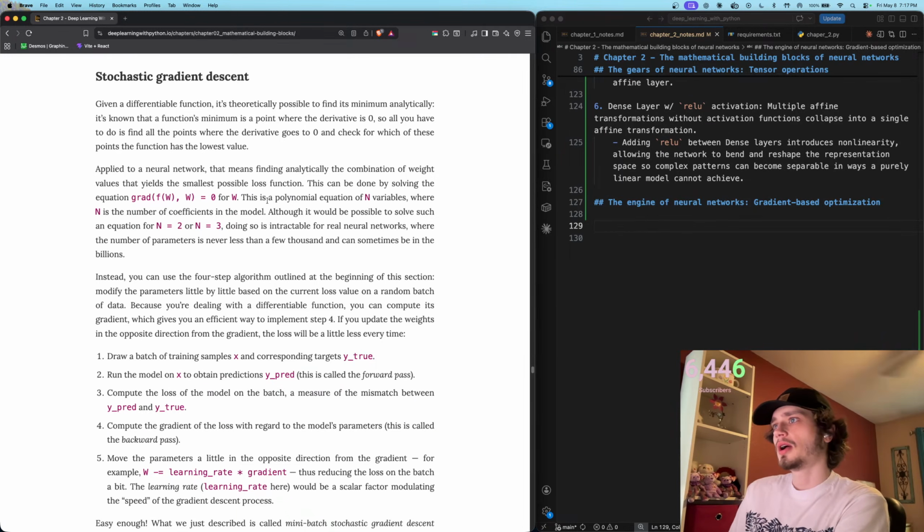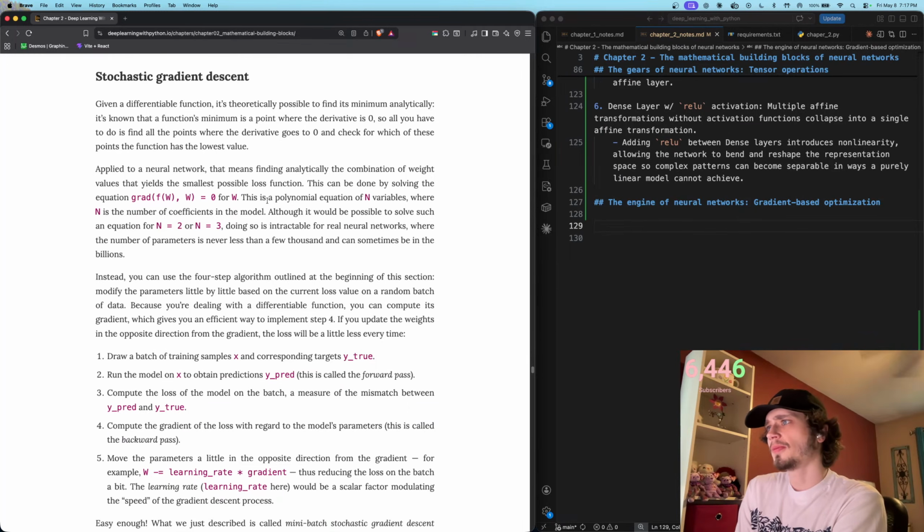Applied to the neural network, that means finding analytically the combination of weight values that yield the smallest possible loss function. This can be done by solving the equation gradient of f of w equals 0 for a weight w. So we're trying to find where the gradient is equal to 0 given some function of weights.